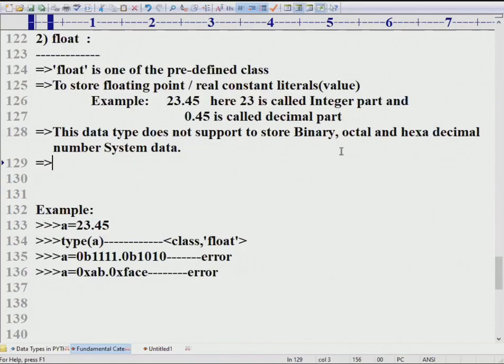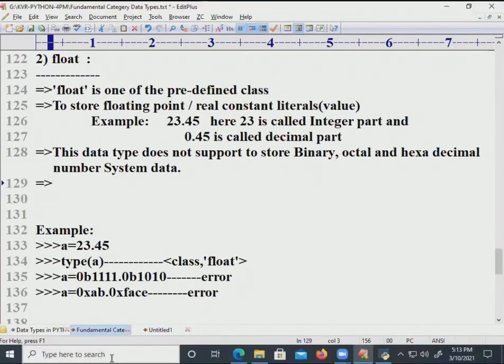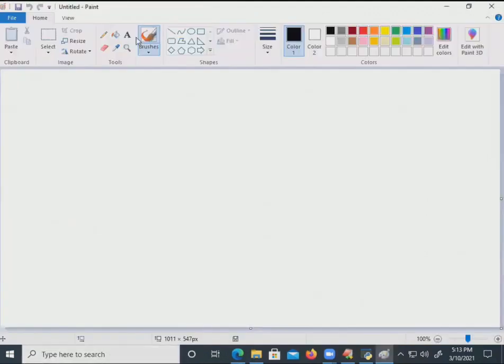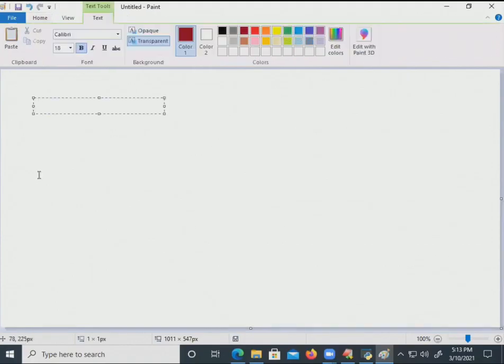I will take one paint brush, I will take paint screen, I will take paint. Suppose I have a statement like this. What is the statement? 3E, or take some simple one first, 3E4.